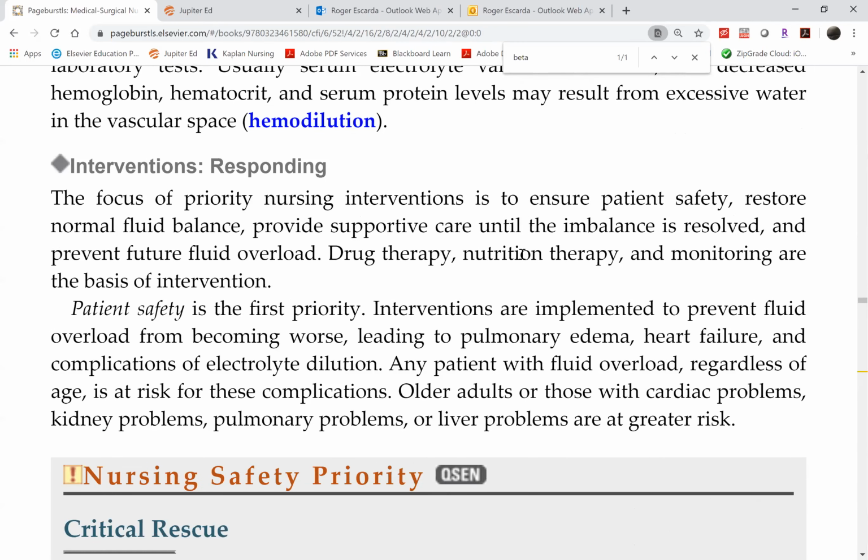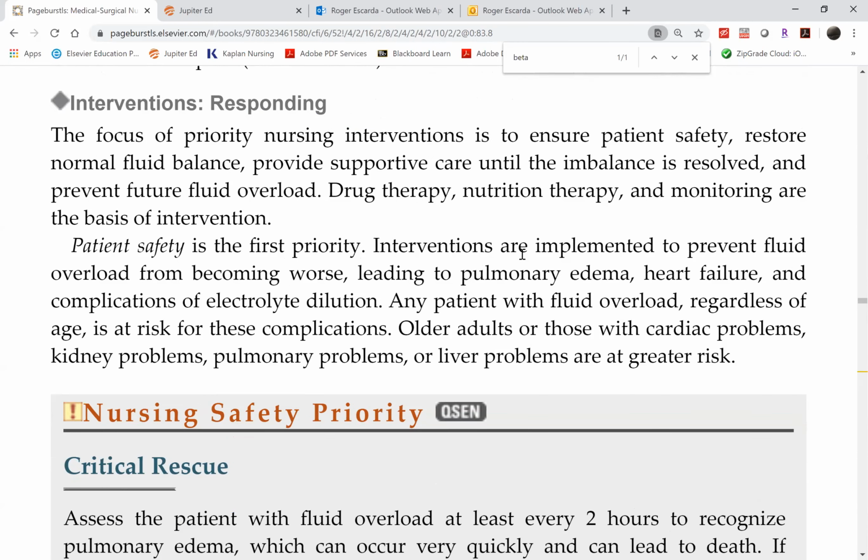Meaning, let's say the urine output yesterday was only 400 ml, so we give 400 ml today plus around 600. The 600 here is accounting for the insensible fluid loss.